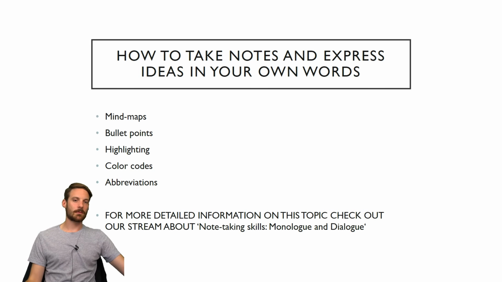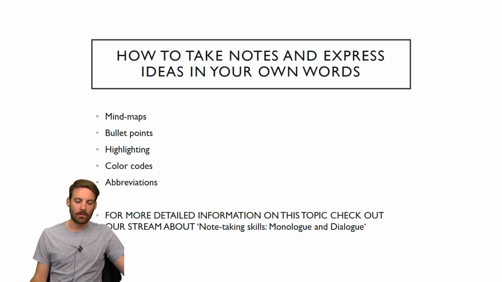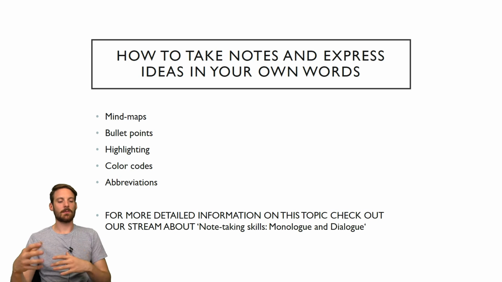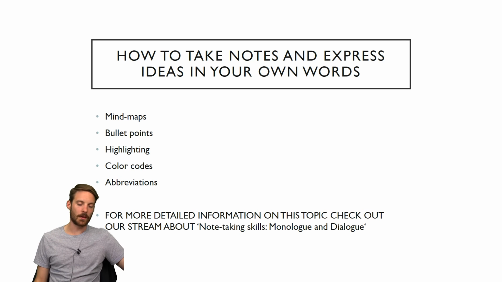So for example, red is for names, blue is for numbers, and yellow is for examples or topic sentences. You can decide which categories you want to add.